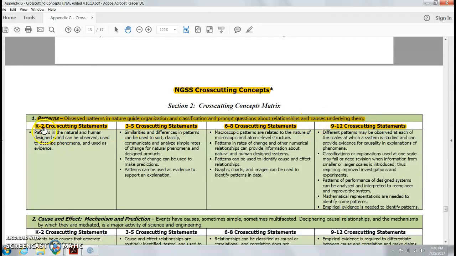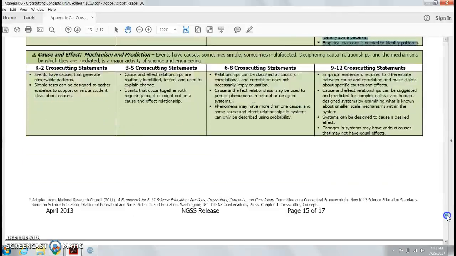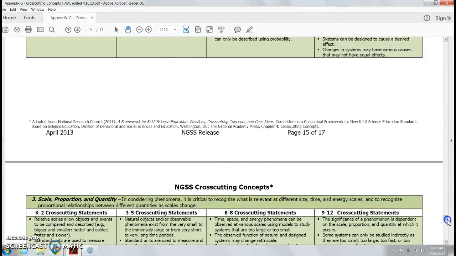So you can see it shows you very clearly what a kindergartner to second grader will be doing in reference to patterns, that's highlighted here, in comparison to a 9th to 12th grader who's dealing with more complex content. So this matrix also has information for each one of the cross-cutting concepts.